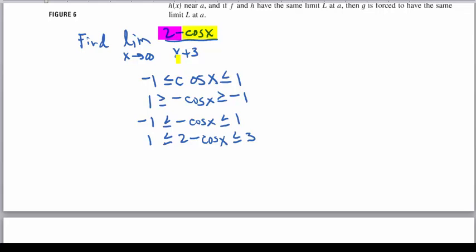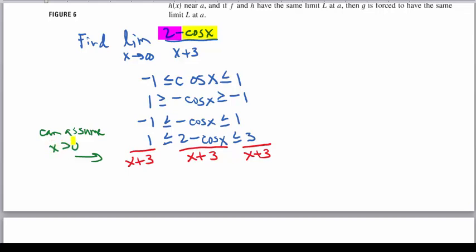So what we can legally do, without affecting the inequality, is divide each of these pieces by x plus 3. And again, the reason we can do this legally without changing the direction of the inequality is because we can assume x is greater than 0.